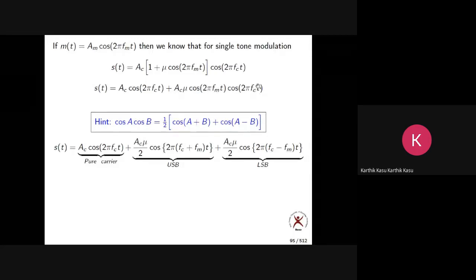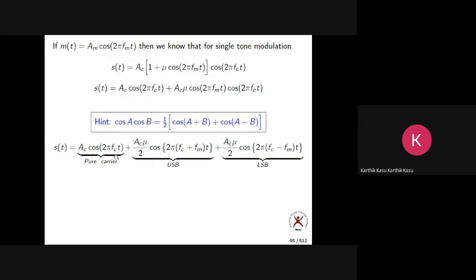What is B? 2 pi fc t. So cos A plus B is cos of 2 pi (fc plus fm) t. Correct? Next, plus Ac mu by 2 cos(A minus B). What is A minus B? 2 pi (fc minus fm) t. A minus B or B minus A, both are the same for the cos function. Correct or not? Now this is s of t finally.